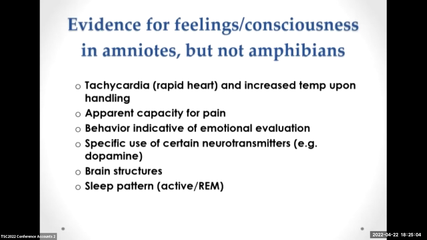And we also find that reptiles and birds and mammals, certainly birds and mammals, but not amphibians, have REM sleep, which is a kind of semi-conscious state in mammalian sleep, which is then again a sign that consciousness is likely to be in some form present in these other animals as well.